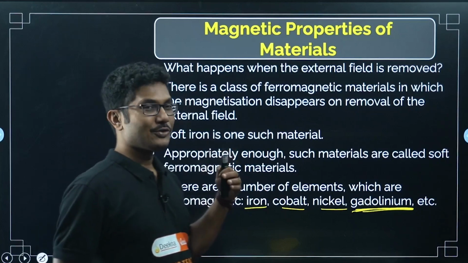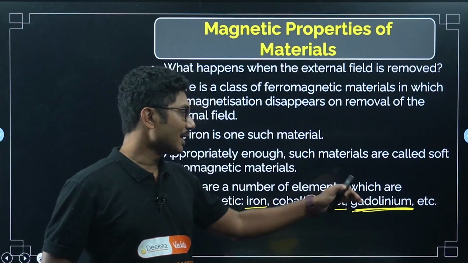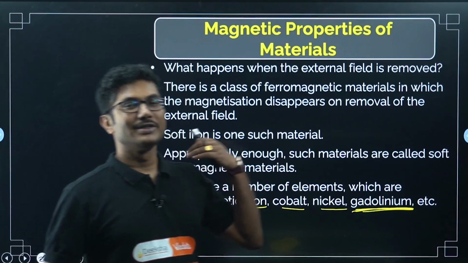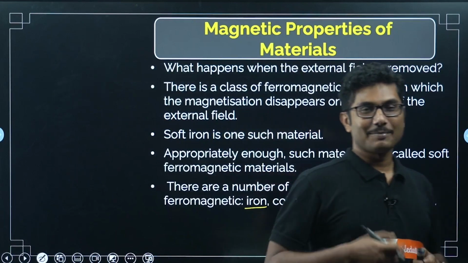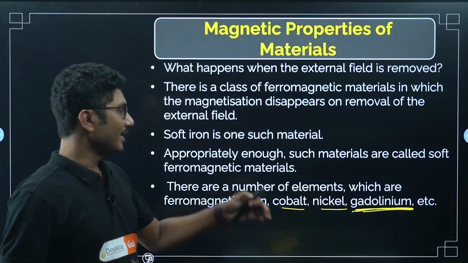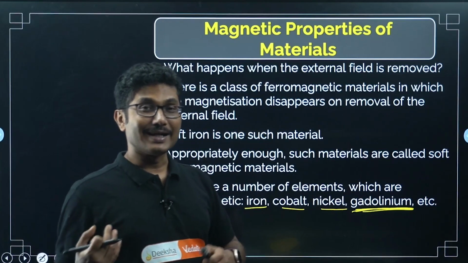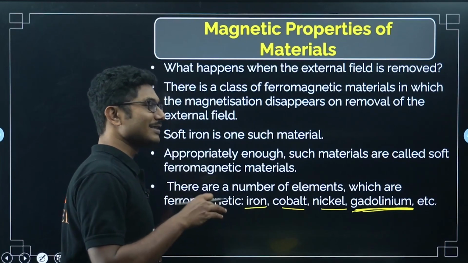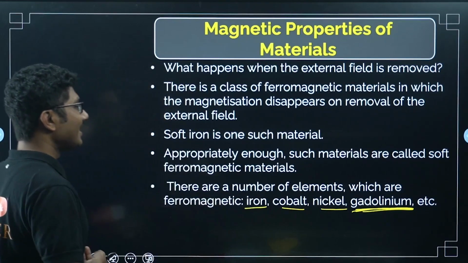Suppose you visit a cold country, there you might find gadolinium is a magnetic material. But if you buy that magnet and visit a warmer country like India, you will find that magnet is no longer working, because it is now above its Curie temperature and has lost its magnetic property. So that is a very interesting story.